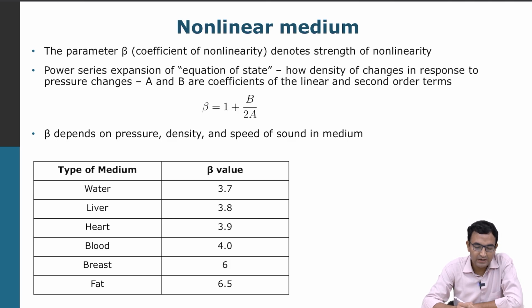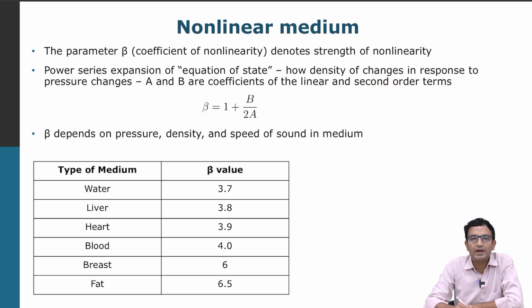Now if you take this equation of state and you write it as a power series, where the first term is going to be the linear term, then you will have the second order term, third order term, and higher order terms. Then these constants A and B are the coefficients of the linear or the first order term and the second order term, which is the harmonic term.